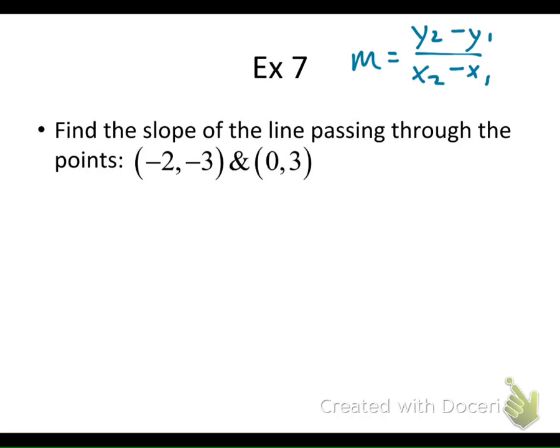At least on these first couple of examples, you won't have to do it on your homework. That's not a grade, but just so you know what value is what. So go ahead and write this in on your notes. So this is x1 and y1, and that's x2 and y2.